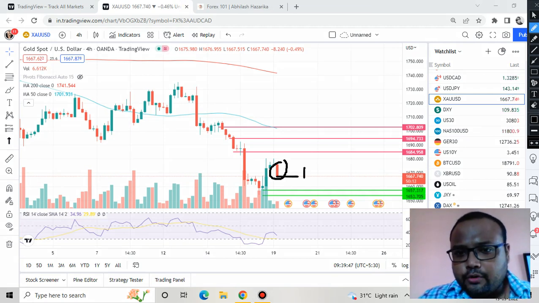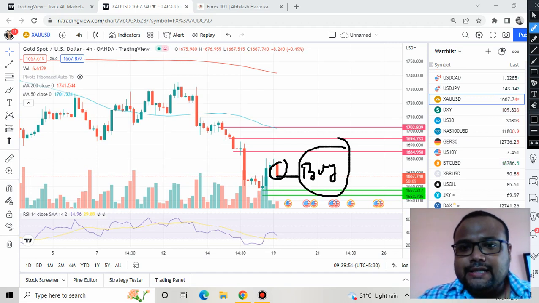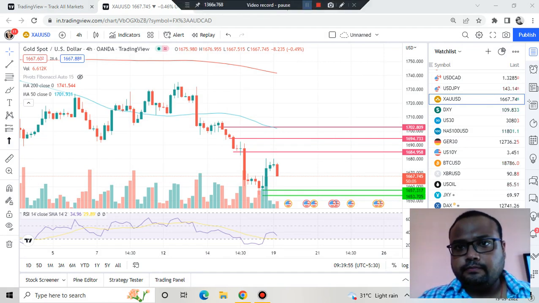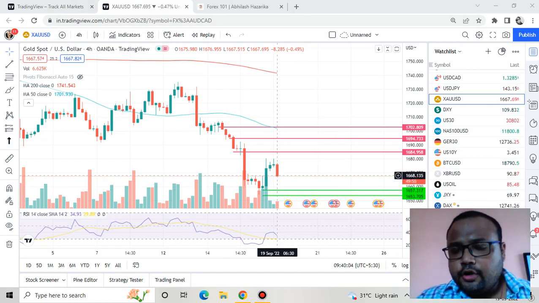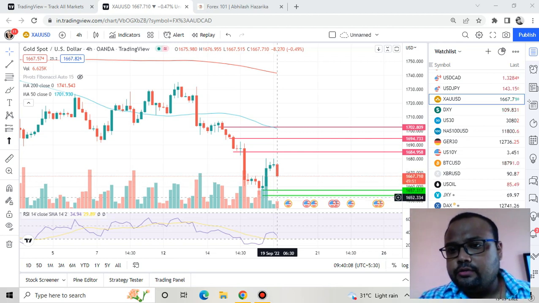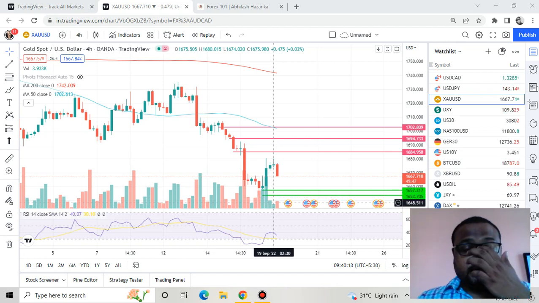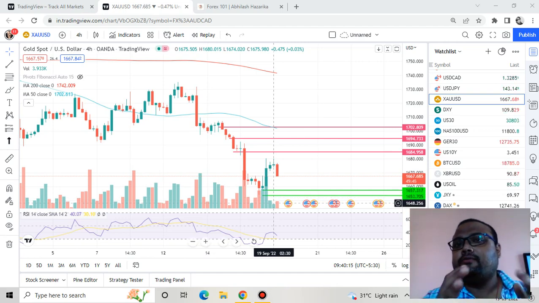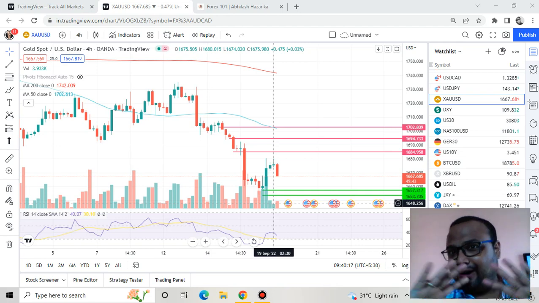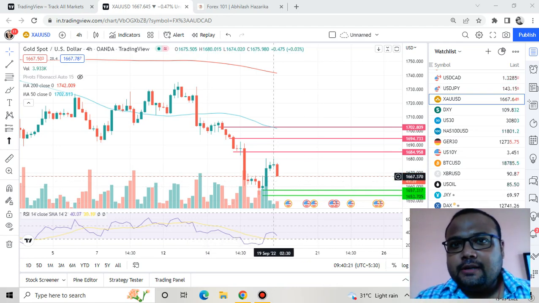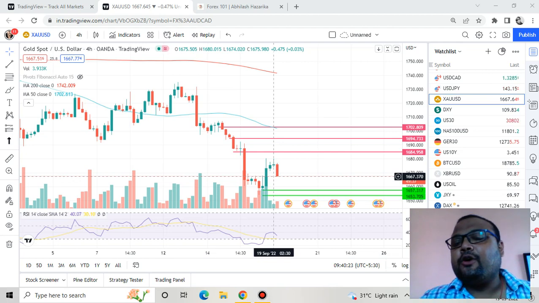If you take a buy position here, then you do not have any proper support, so obviously your stop loss will be somewhere around here. So a 1660 buy position and 1653 or 1652, so a stop loss of around 200 pips is not possible, isn't it? So a buy position or long position is out of the question.